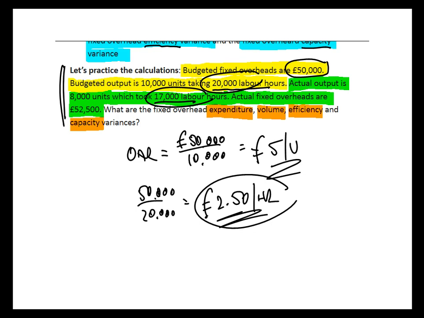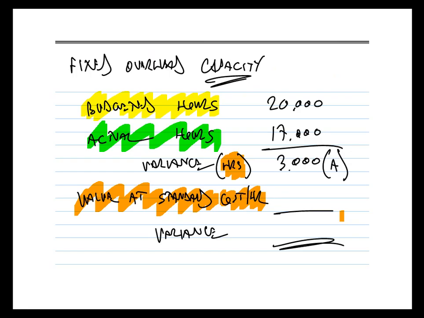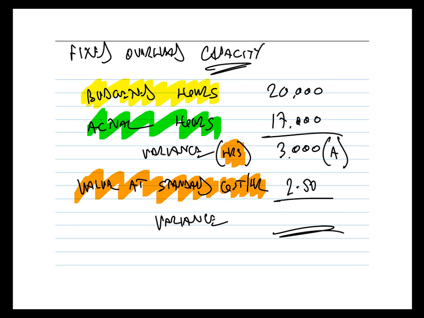If you remember, the standard cost per hour is my £2.50, so be careful that you don't mistakenly use the £5. Remember, the £5 is a fixed overhead cost per unit, and this variance isn't in units. And 3,000 hours at £2.50 per hour gives me 7,500 adverse as my variance in pounds.